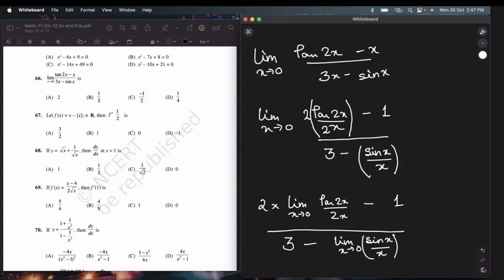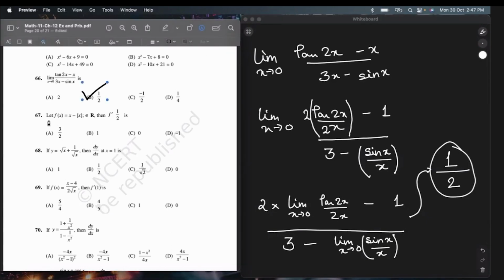So what am I being left with? I can just write it over here. This returns a value of 1, and this returns a value of 1. So 2 minus 1 is 1, and 3 minus 1 is 2. So this is your answer, 1 by 2.